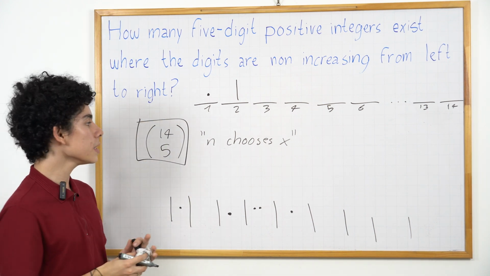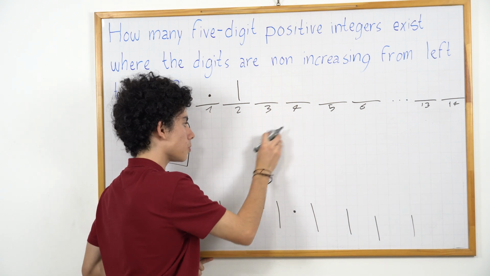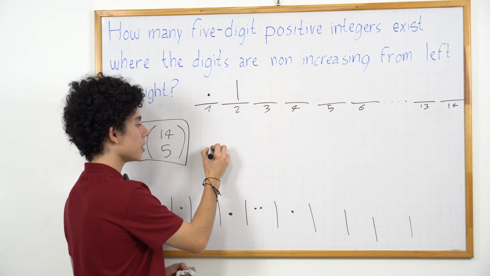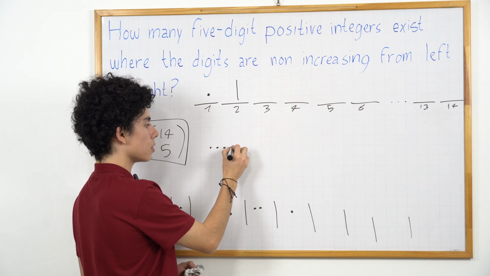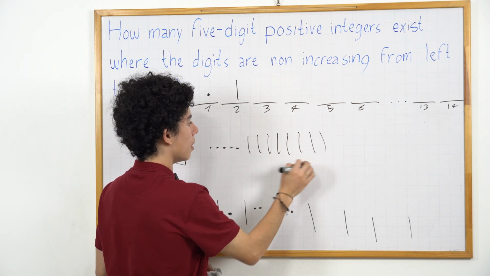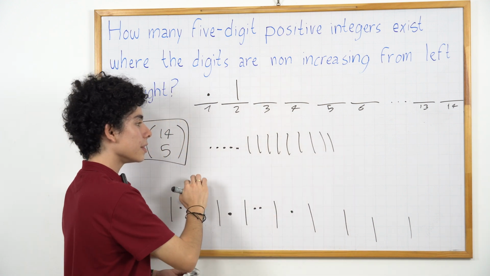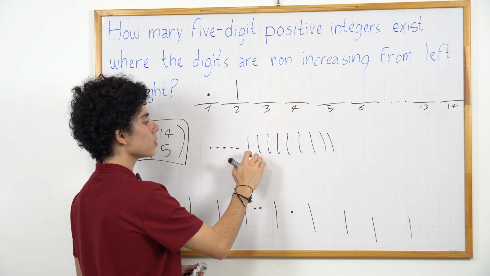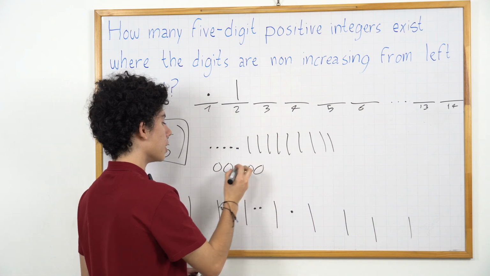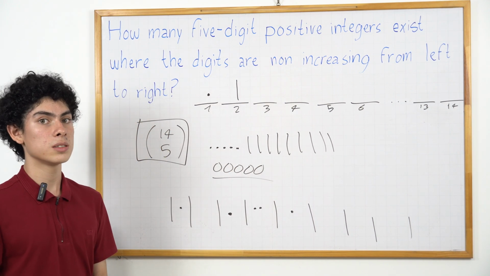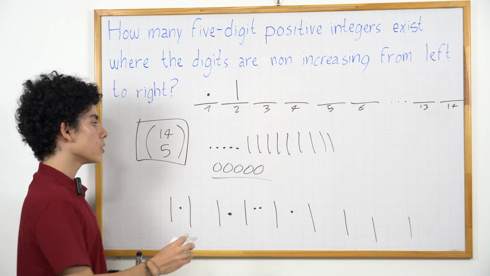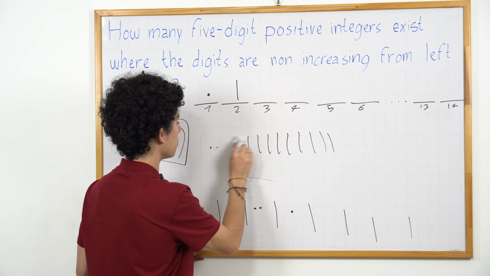But we have to take into account the position in which this happens: dot, dot, dot, dot, dot, and 9 dividers. This over here represents 5 zeros, so 0, 0, 0, 0, 0, and this is not a 5-digit number. So we have to subtract 1.